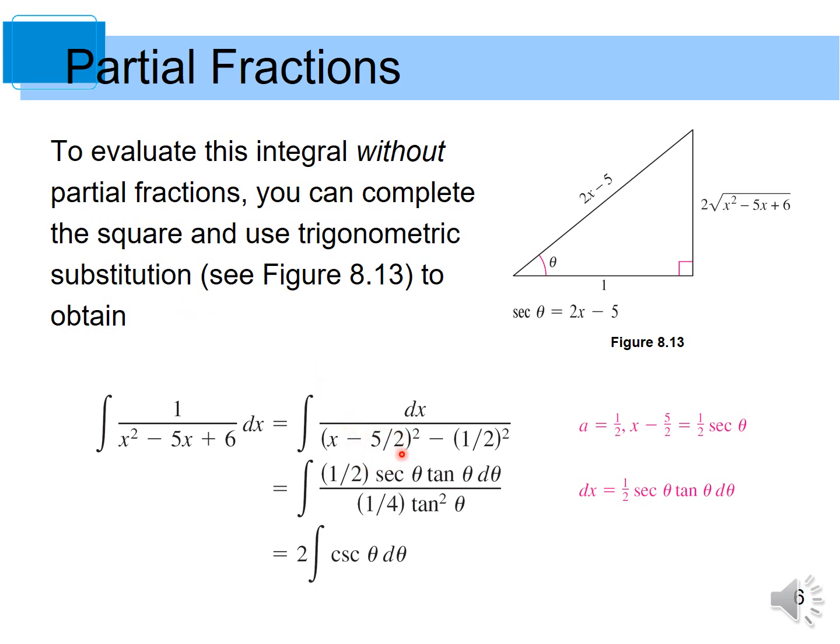So from here, u is equal to x minus 5 over 2. So this is u, and u equals one half secant theta, and the a is one half. And then we try to get dx d theta.